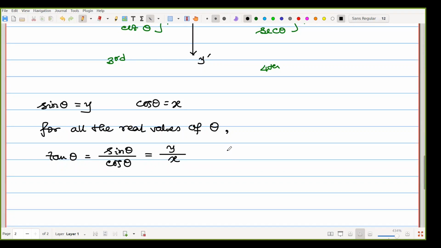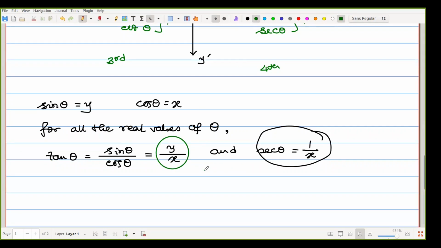And sec theta, that means 1 by x. Now look at the value. Y by x, that is the important term, or 1 by x.